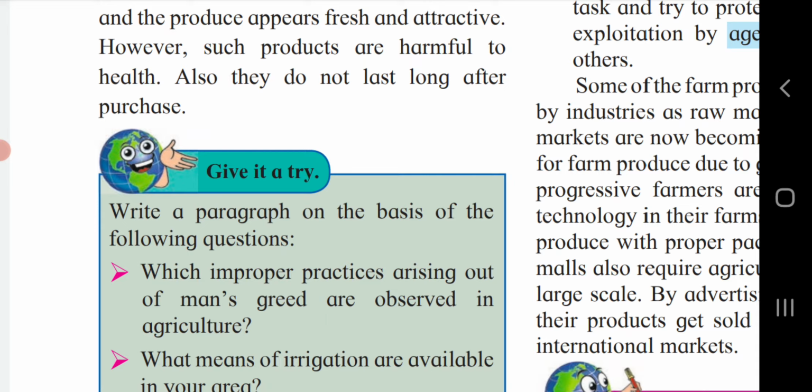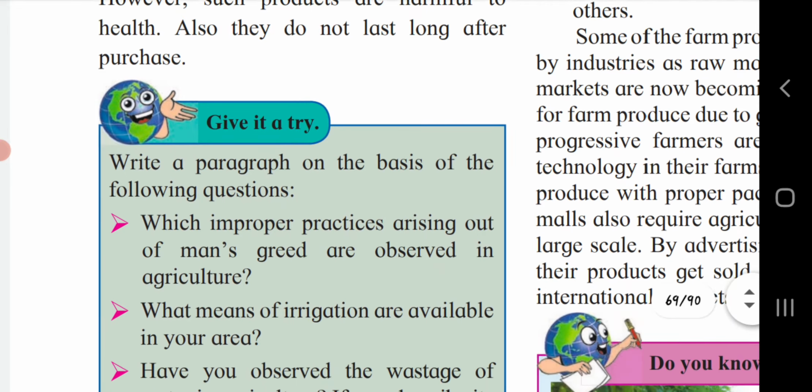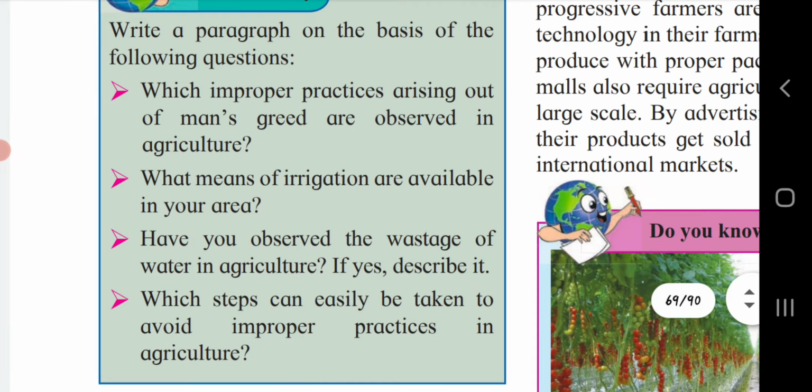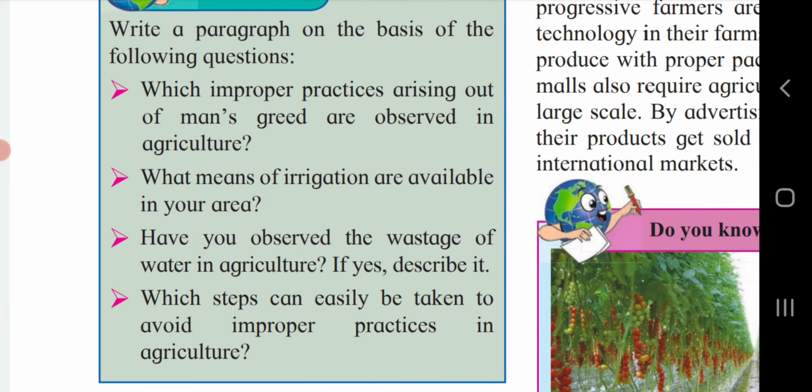Write a paragraph on the basis of the following questions. Which improper practices arising out of man's greed are observed in agriculture? Agriculture and related occupations are needed to fulfill man's requirement of food. Humans have made advances in technology and developed new techniques of getting maximum production.